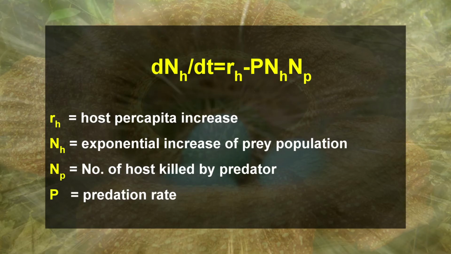Rate of change in the population of prey is given by the equation dNH/dt = RH NH - P NH NP, where RH is host per capita increase, NH is exponential increase of prey population, NP is number of hosts killed by predator and P is predation rate.